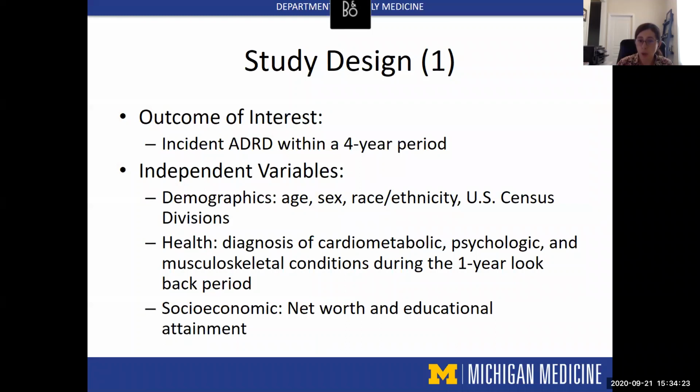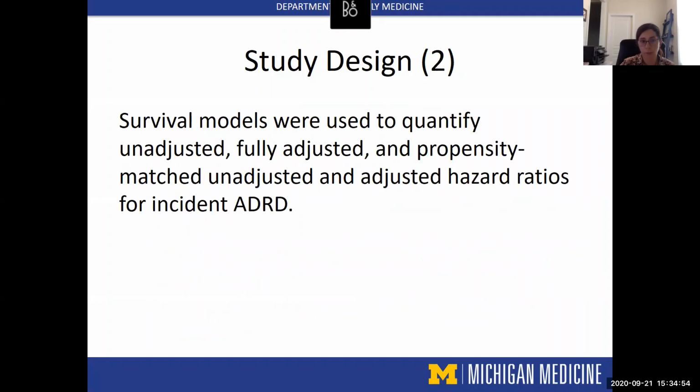And we included diagnosis of cardiometabolic, psychological, and musculoskeletal conditions during that 1-year look-back period, if you remember from what Neil mentioned earlier from the graph on pre versus post. So in this specific case, the pre-index period was 1 year, and the post-index period was a 4-year follow-up. And we had net worth and educational attainment as socioeconomic status.